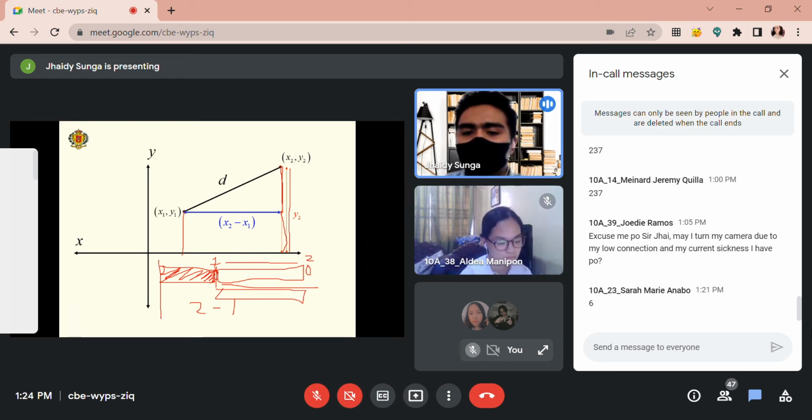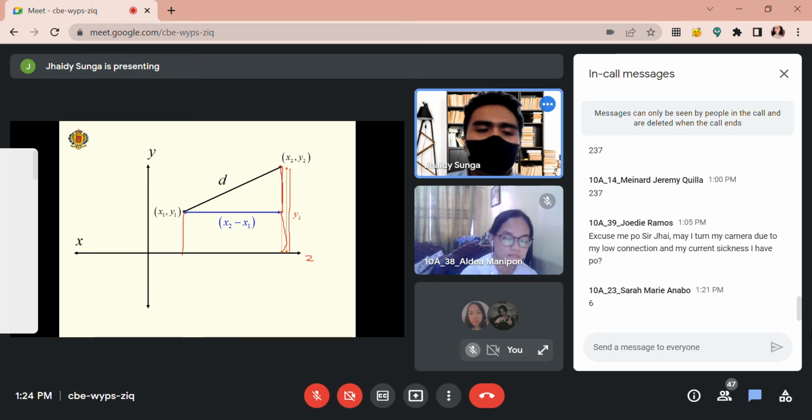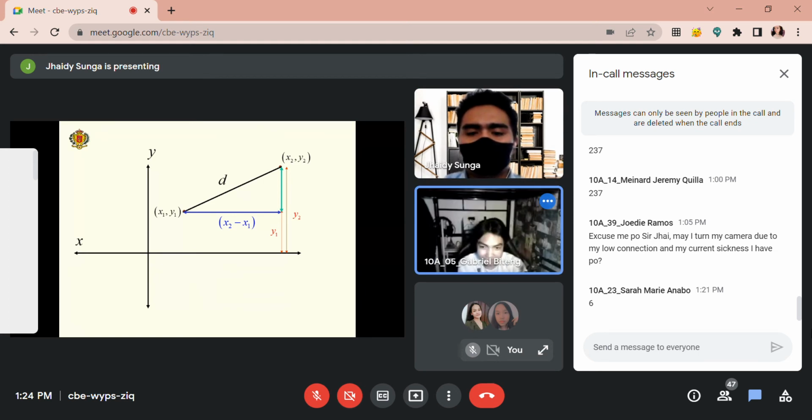Okay. So alright. So having the example of this one, Gab, would you mind to give what would be the value for this change of y? Also this green segment. Go, Gab. -2 and 8.